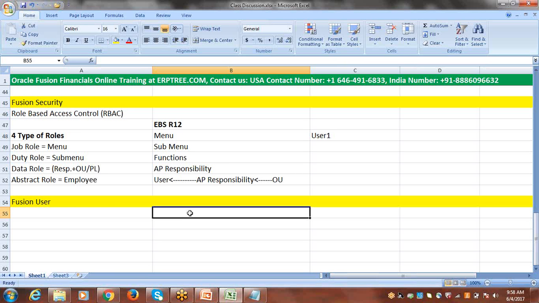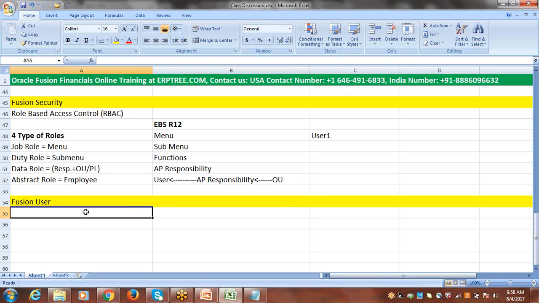But in the Fusion applications, what are the users we use? Those are classified into two types. The first one is the implementation user, or implementation consultant user. We create a user for the implementation consultant.